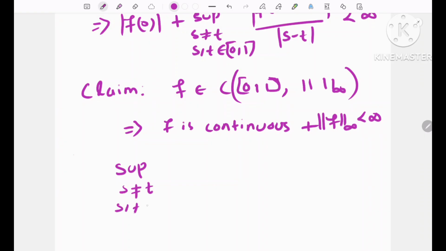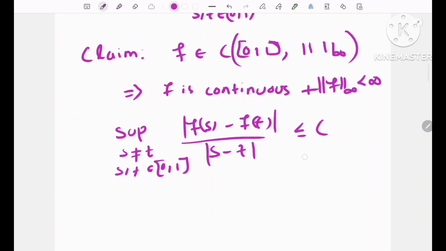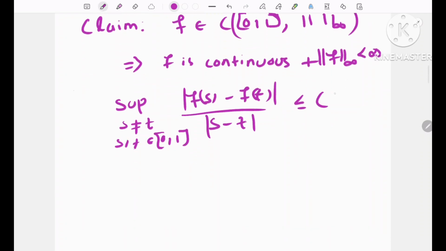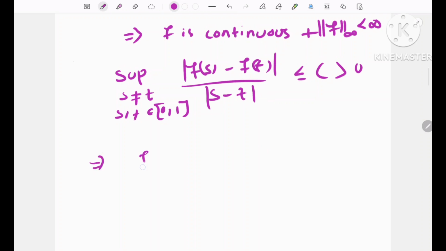of |f(s) minus f(t)| divided by |s minus t| is less than some constant quantity c. Finite means that we can find a positive constant. This implies that |f(s) minus f(t)| is less than or equal to c times |s minus t| to the power alpha. Here I forgot to put an alpha.